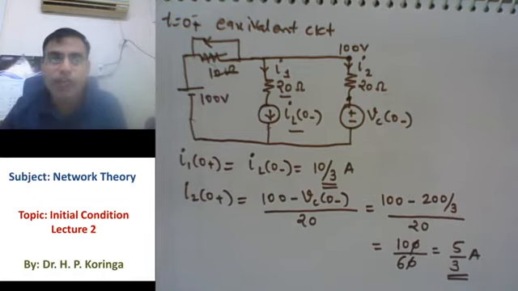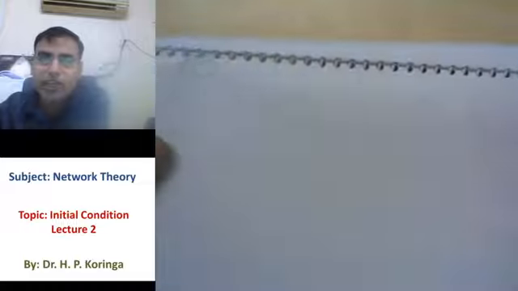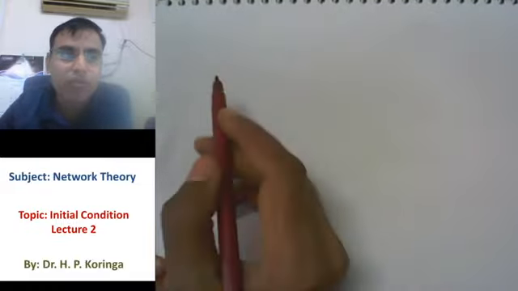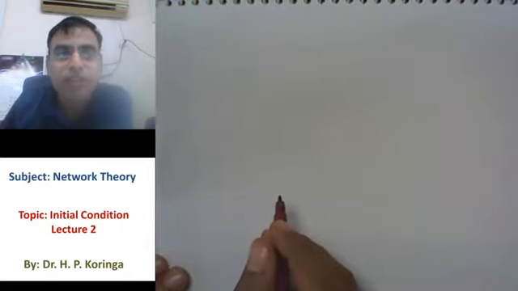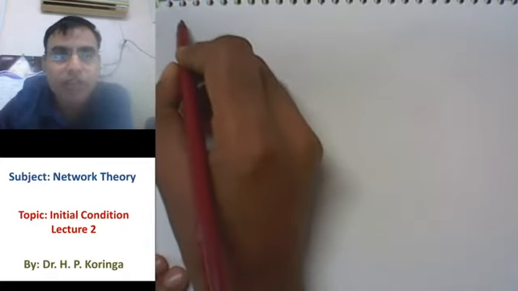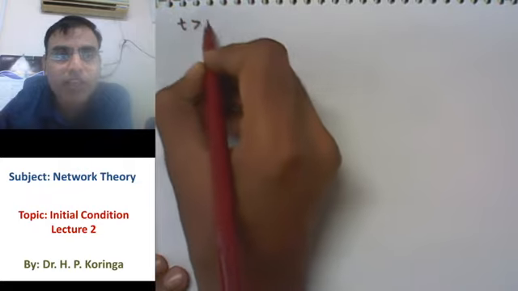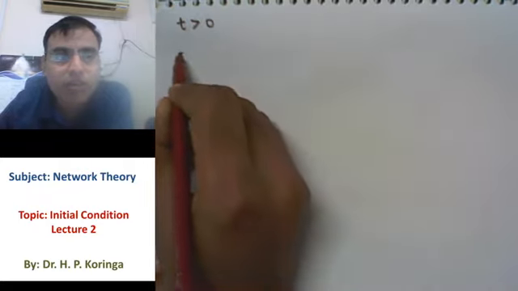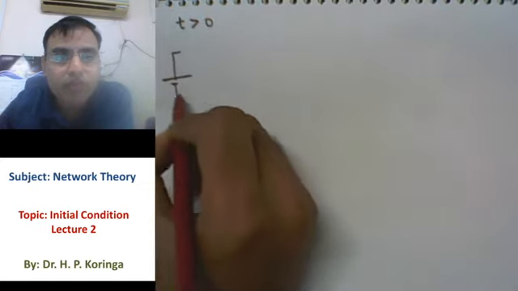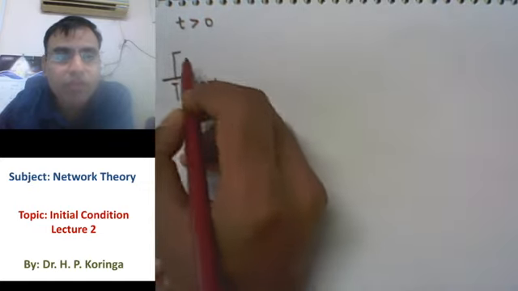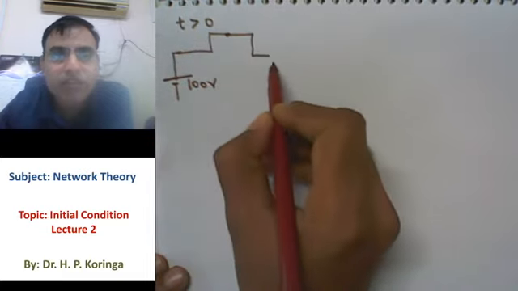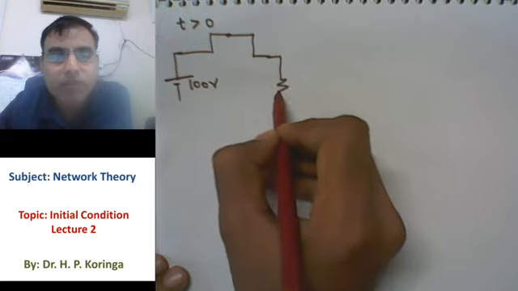And we know that to find the derivative of initial conditions, we have to draw the network at t = 0 plus, and then apply KVL or KCL. Here we want to find current, so we will apply KVL, right? So let me draw the network for t greater than 0. For t greater than 0, the switch is closed, so it bypasses the resistance of 10 ohm.